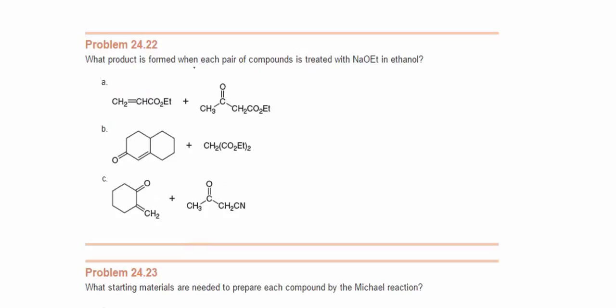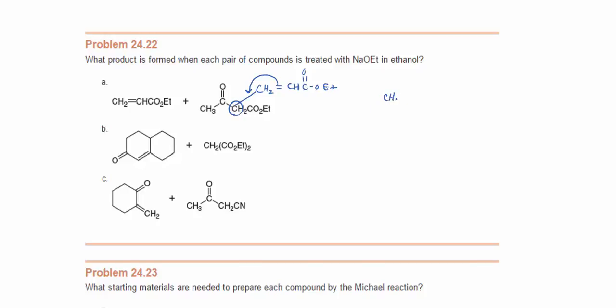Number 22, what product is formed when each pair of compounds is treated with sodium ethanoate in ethanol? Well, it might be easier for us to see this if I draw it with this product over here. So this is how I'm going to do this. Now we're going to be looking at this as our alpha carbon. So the unsaturation point here, my pi bond, think of that as flipping out and making a new bond here.